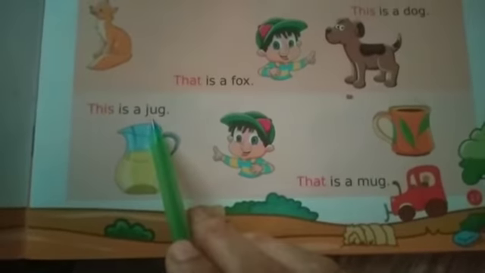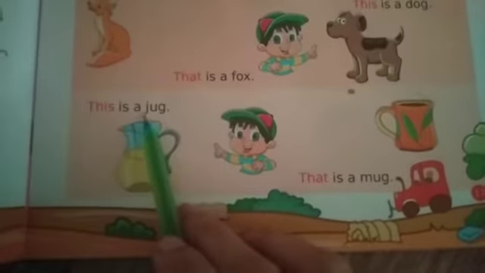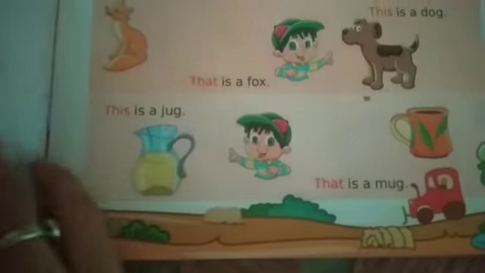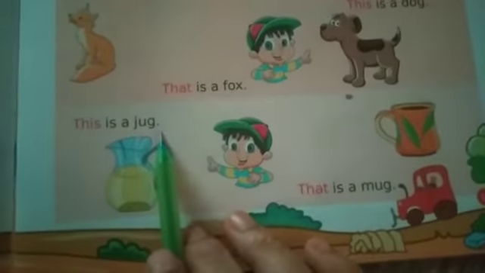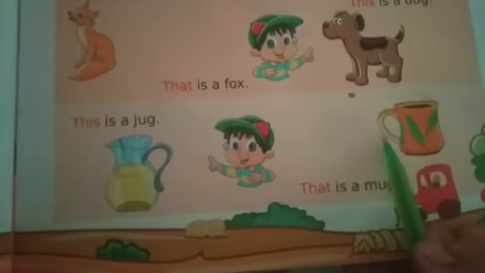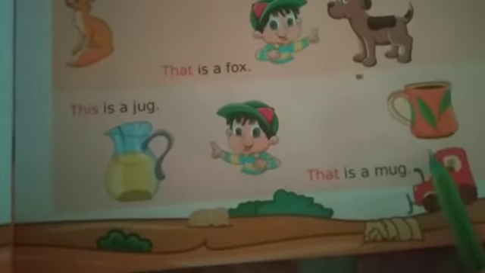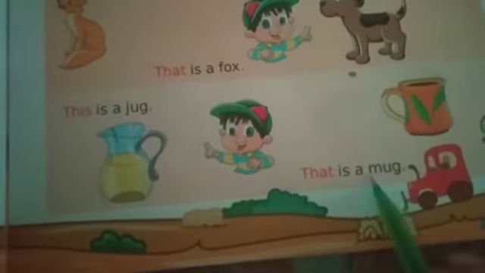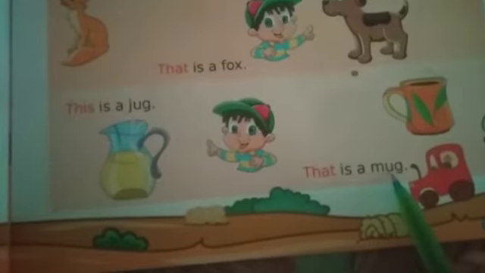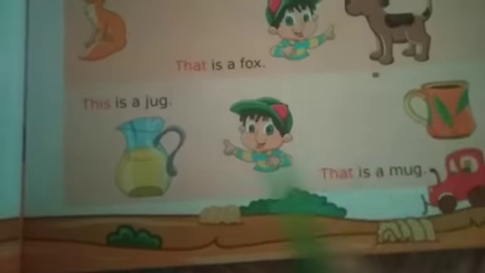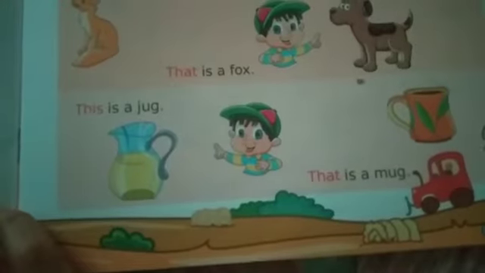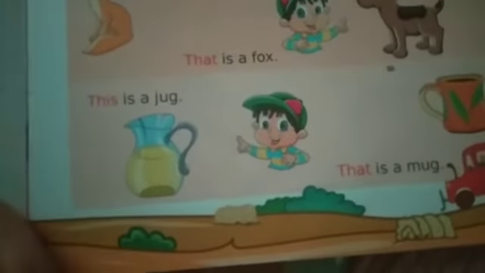Next, which picture is this? Jug. J-U-G. Jug. And which picture is this? Mug. M-U-G. Mug. कौन सा पिक्चर बॉय से नजदीक है? जग.